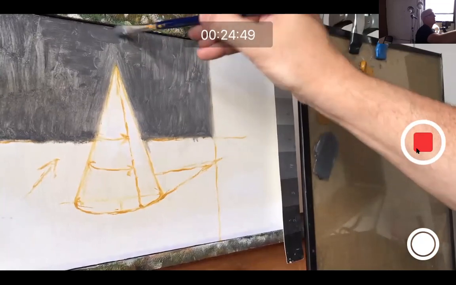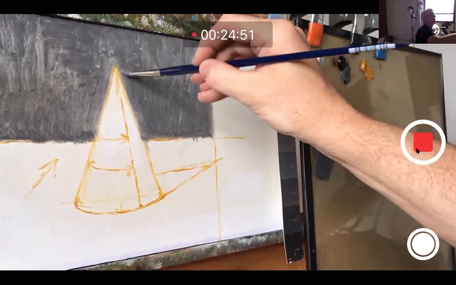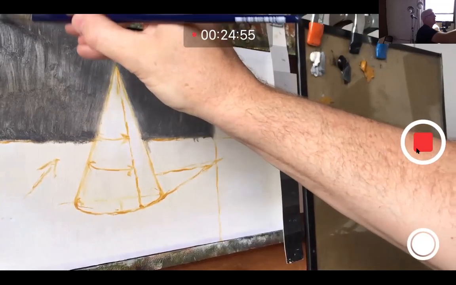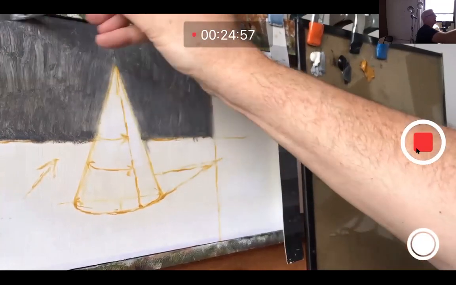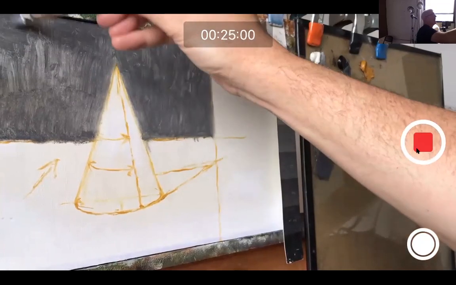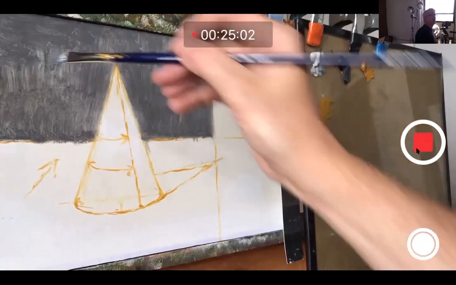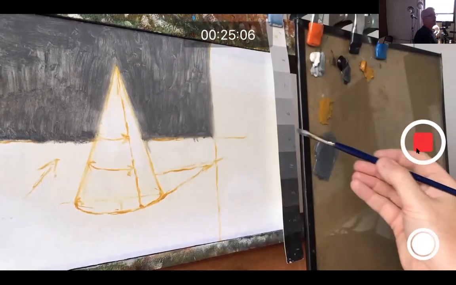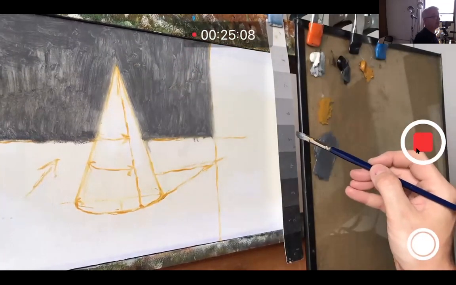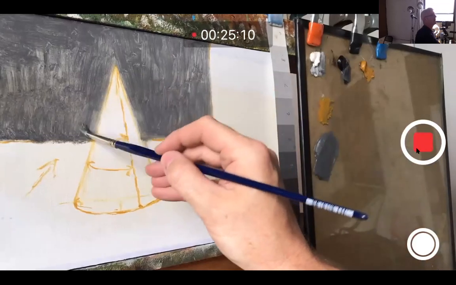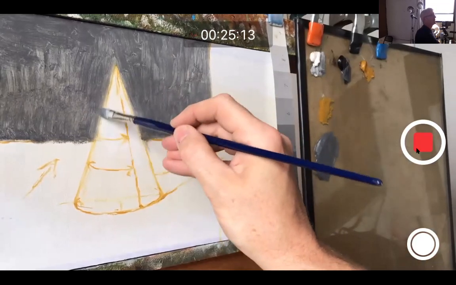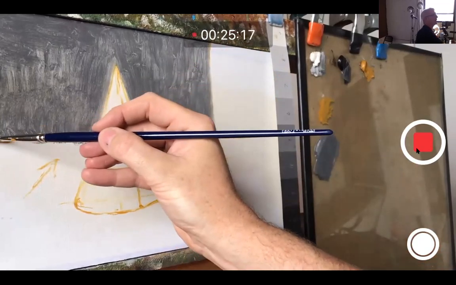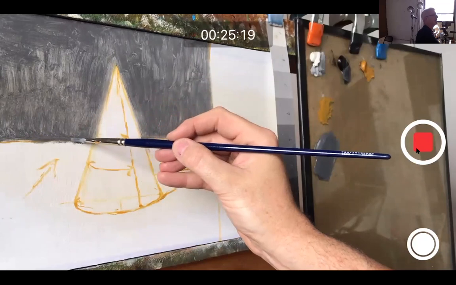You can definitely get them at Blick, and you can also probably download a decent one. It doesn't have to be exact, because I'm not trying to match that value exactly. I'm just using it as a rough guide. So you can probably just look one up online and download one that will work as a pretty decent rough guide.